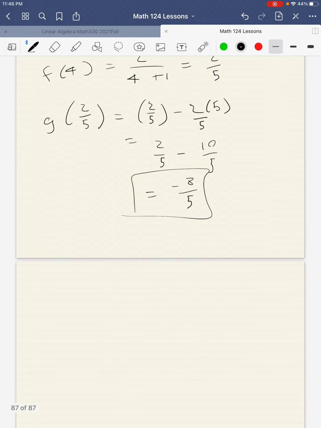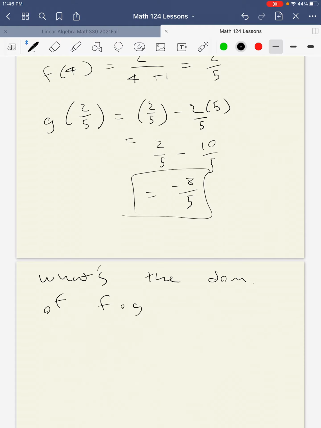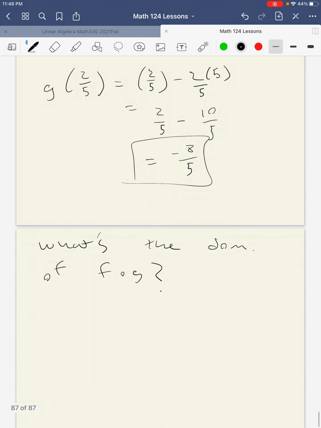Let me ask one final question. What is the domain of f of g? Well, the domain here of g was all real numbers.